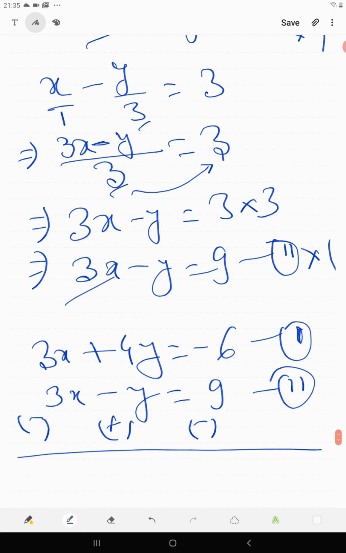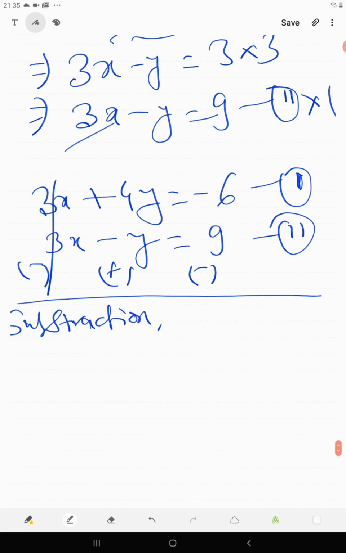Remember this thing. So I am doing subtraction, writing it over here. So 3x minus 3x, and then plus 4y plus y is 5y. We don't need to write plus because it's not required. If it is minus, then you need to write it. Now equals minus 6 minus 9.